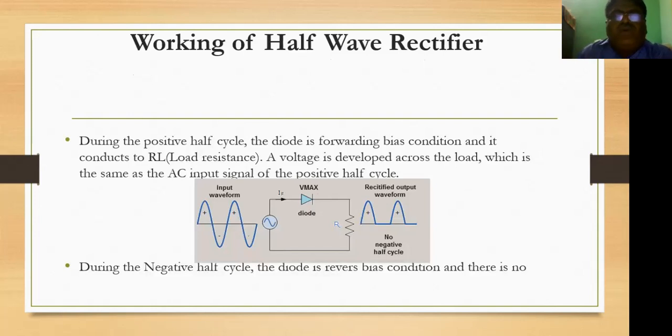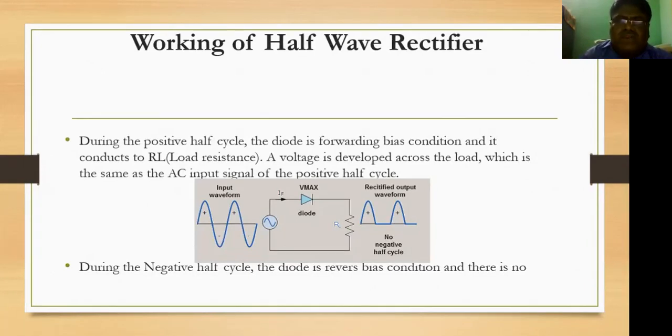Okay, how does the half-wave rectifier work? In the half-wave rectifier, we use one diode, either silicon or germanium, simply called a semiconductor diode, one transformer, and one load resistor RL. These components are required for the working of the half-wave rectifier.